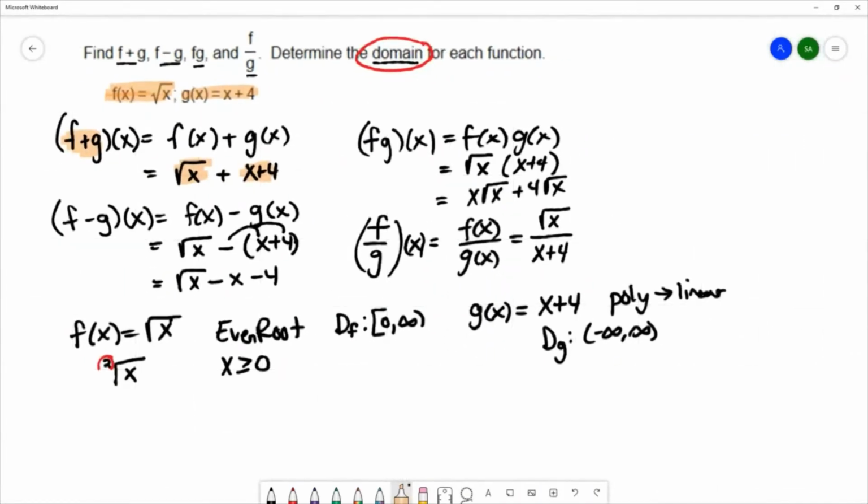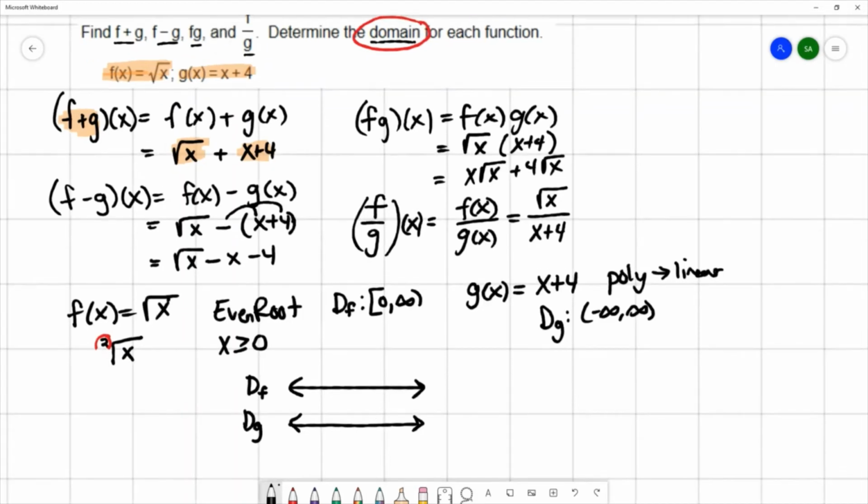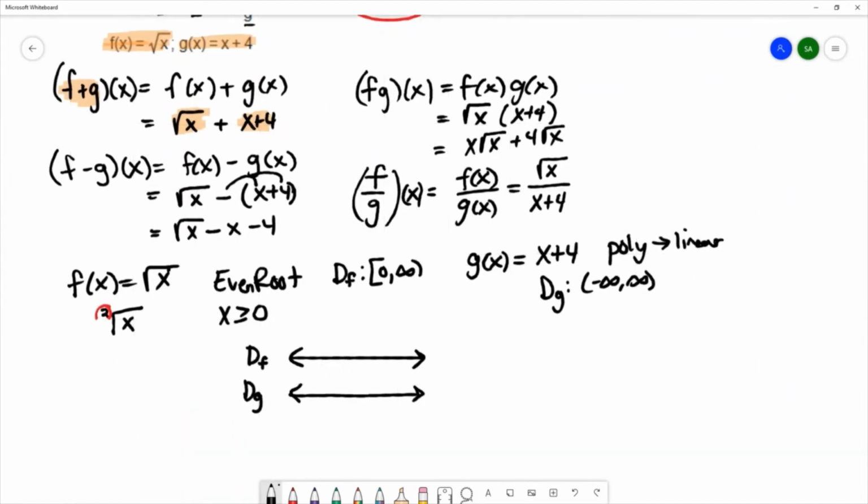And I'm going to draw a number line to represent the domain of f, a number line to draw the domain of g, and then we want to combine these two domains to find the domain of f plus g, f minus g, and f times g.